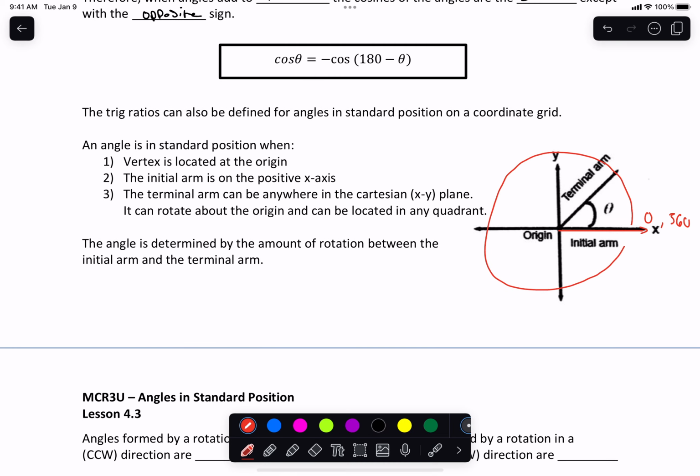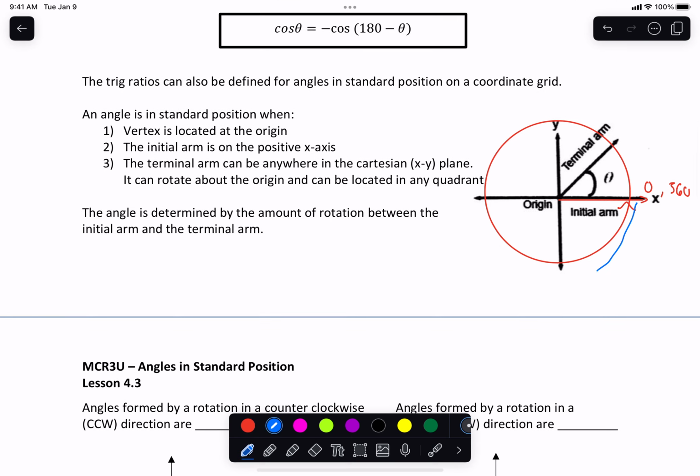Counterclockwise. So when I go counterclockwise, those are positive angles. And if I go clockwise, come on, those are negative angles.